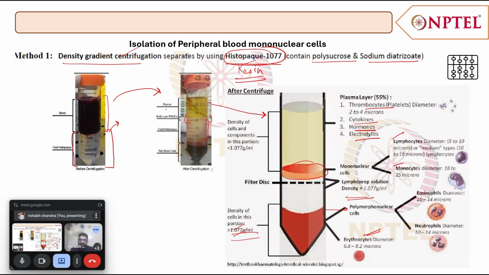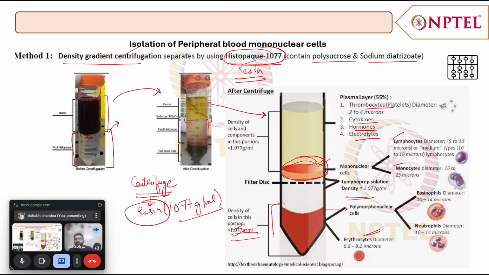So the basic idea of this gradient centrifugation is, if we centrifuge using a resin that has a particular density, here 1.077 gram per ml, all the cells that have a density above this will accumulate below, and those below this density will accumulate above. So eosinophils, neutrophils, and erythrocytes have a density greater than that of Histopaque, so they settle at the bottom.